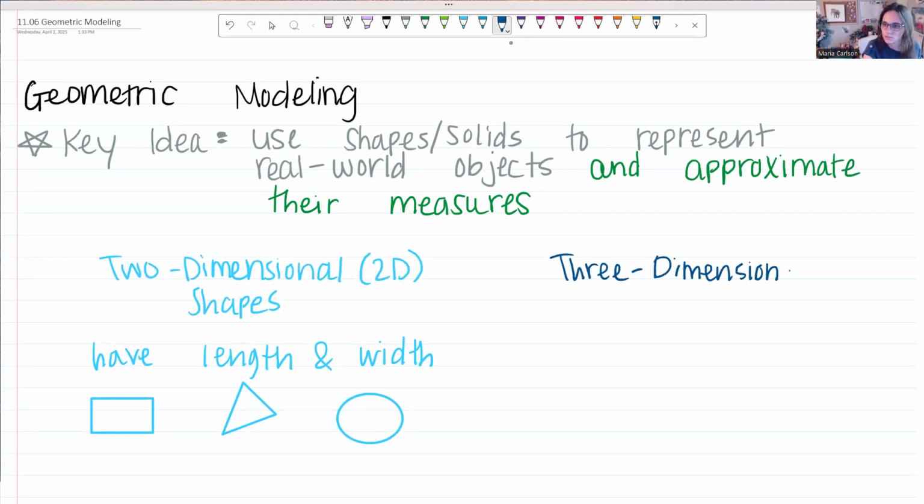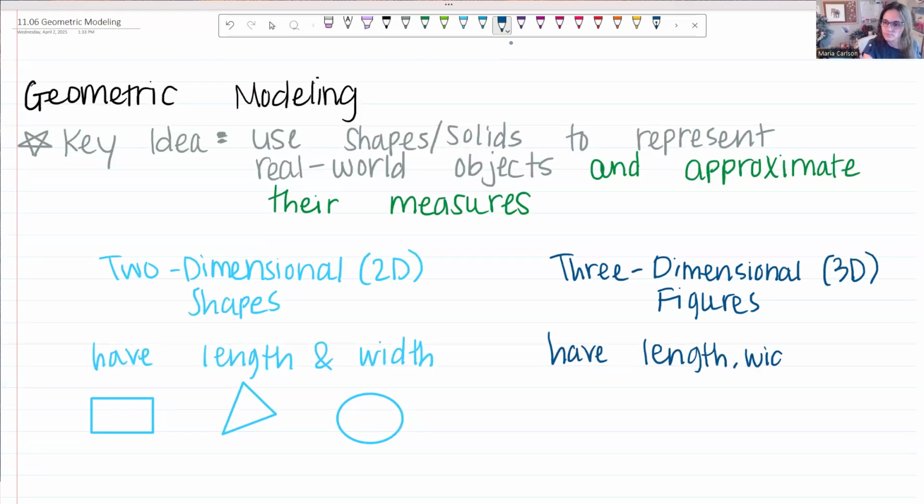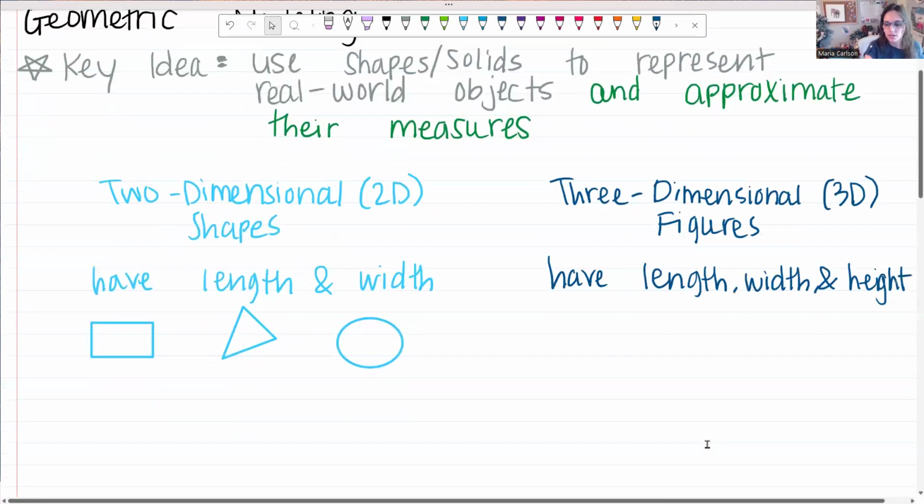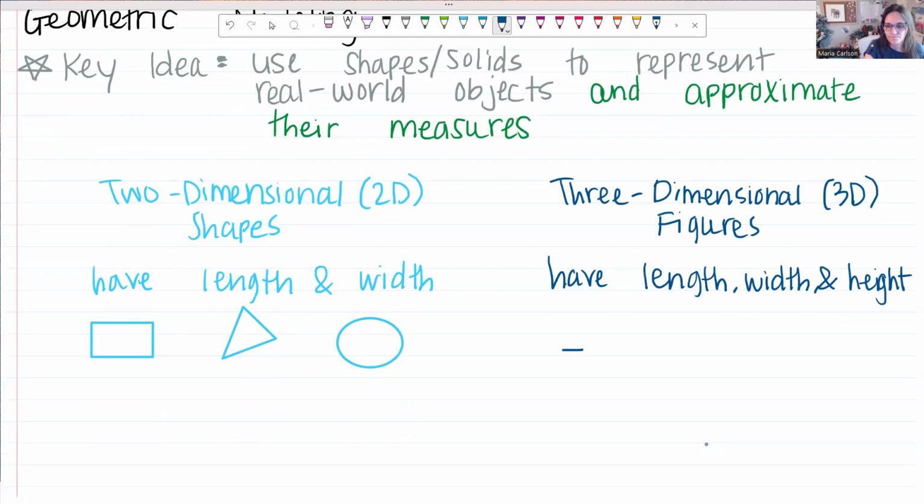A three-dimensional or 3D figure has length, width, and height. So a square, that's our first example. A square can become three-dimensional when I make it a cube.